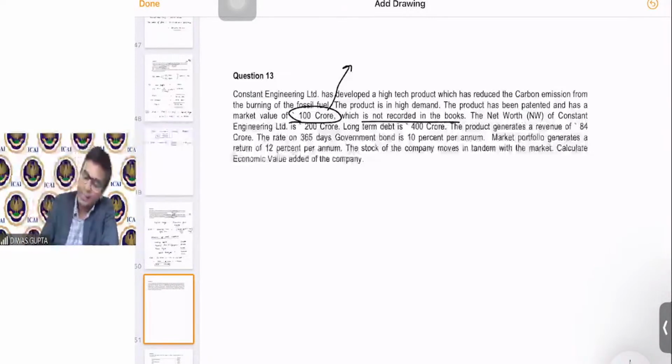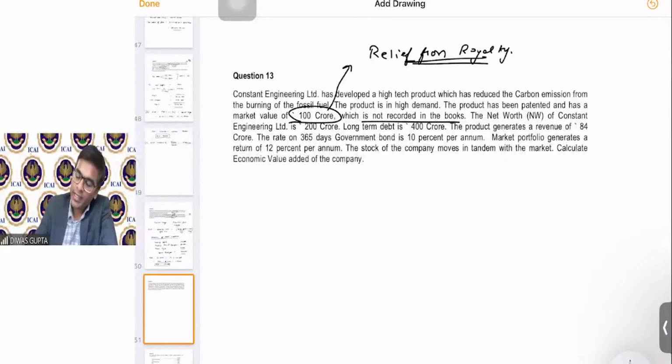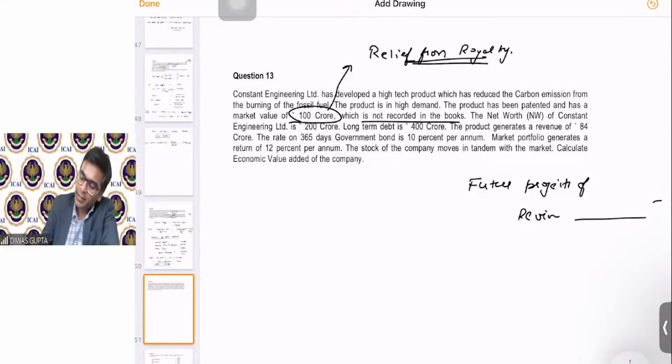One of the methods that is used is the relief from royalty method. In this case, we take future projections of revenue, let's say 5 years, and then terminal value, and multiply it with the royalty rates.